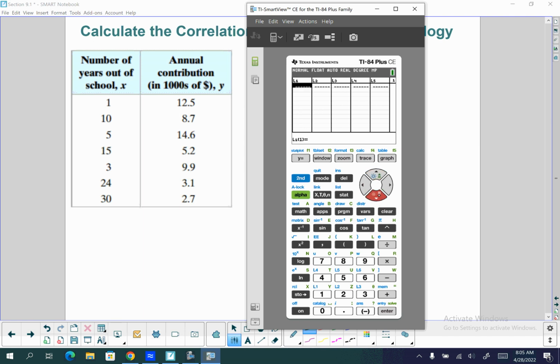Clear that out. 1, 10, 5, 15, 3, 24, and 30. 12.5, 8.7, 14.6, 5.2, 9.9, 3.1, 2.7.